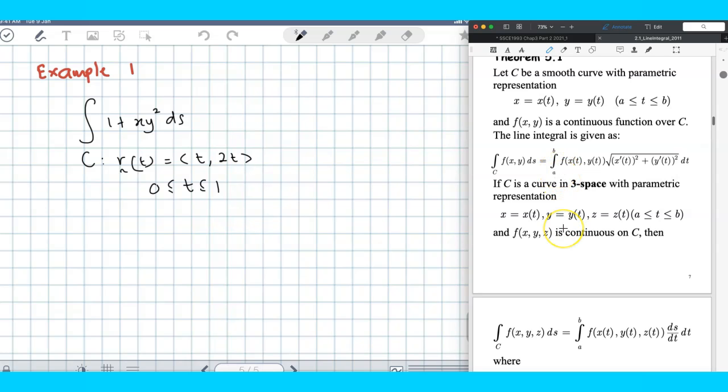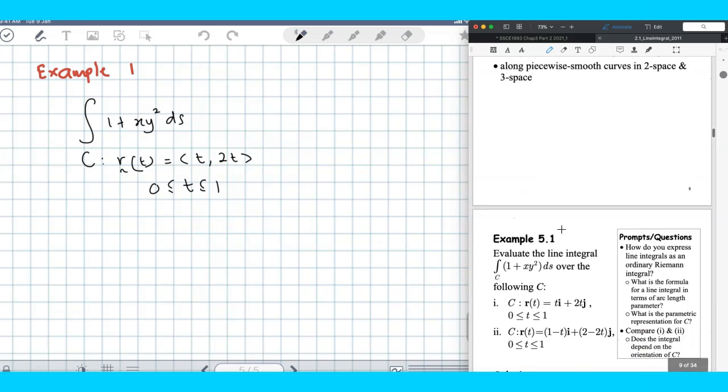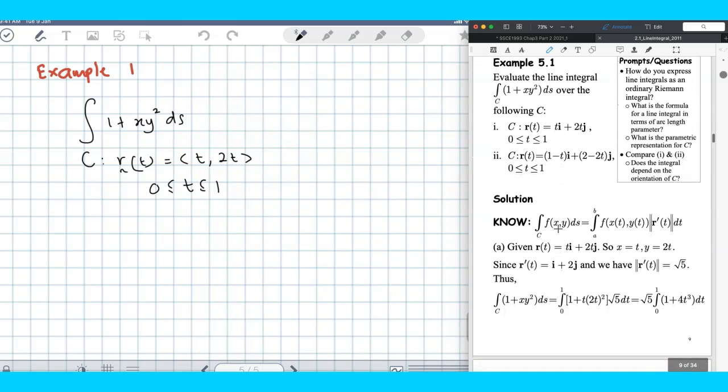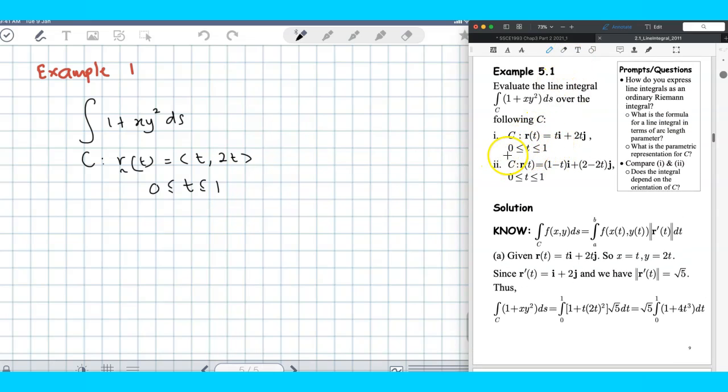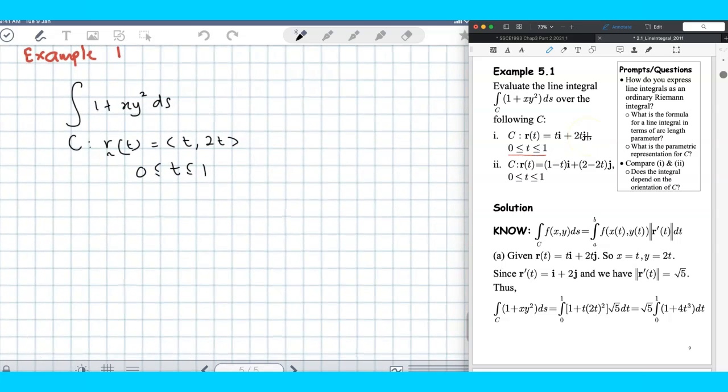If it is given, then you are very lucky, you don't need to find it. But if it is not given, then you have to find it yourself. In this case, these are given, right? So t from 0 to 1. In this case x is t and the parametric equation of y is 2t.